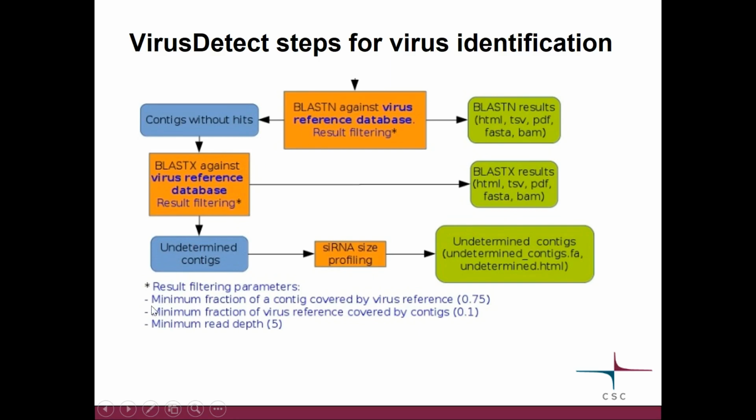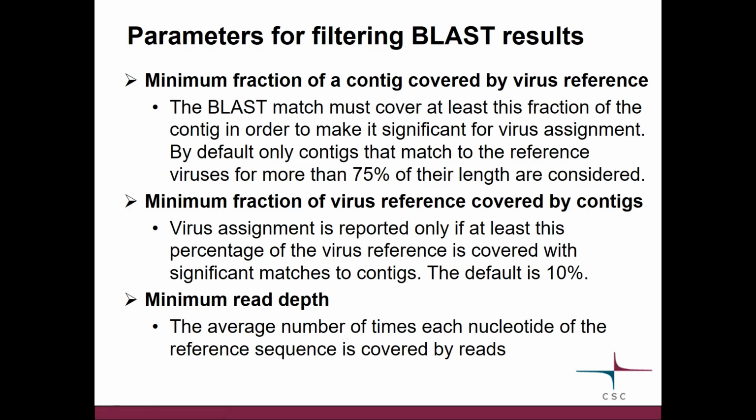For these BLAST steps, there are some filtering parameters, so not all BLAST results are reported to you, but you can set thresholds. So, for example, you can request that the BLAST match must cover at least this much of the contig in order to be reported.